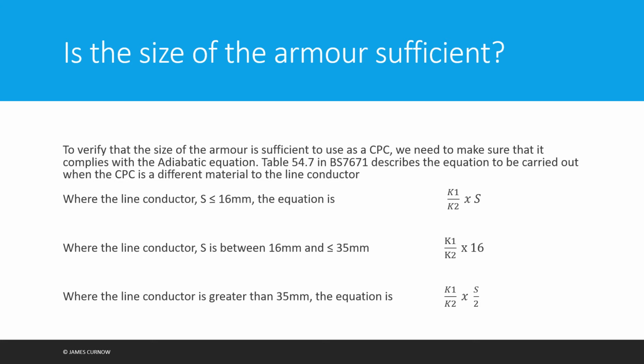Then where the line conductor S is between 16mm² and 35mm², so for example a 25mm² cable, it is K1 divided by K2 and then multiplied by 16. And then lastly, where the line conductor is greater than 35mm², the equation becomes K1 divided by K2 multiplied by S divided by 2. So in other words, multiplied by half of the size of the line conductor.